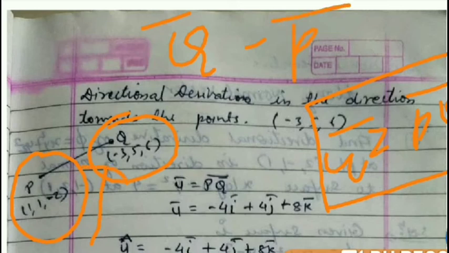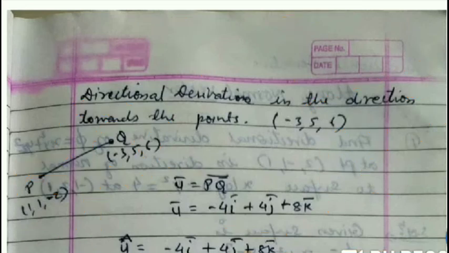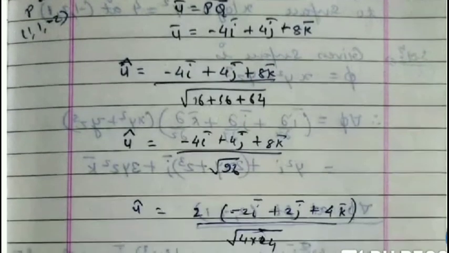That means minus 3 minus 1 is minus 4i, 5 minus 1 is plus 4j, and 6 minus minus 2, that means 6 plus 2 is 8. So u bar is minus 4i plus 4j plus 8k.